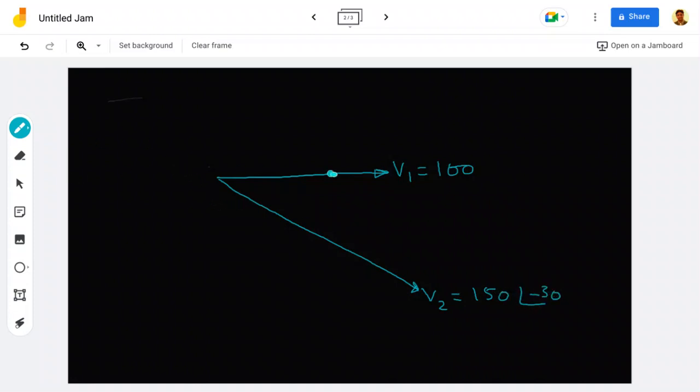And then the addition of these two, we got somewhere here. The total voltage V of 241 with an angle of minus 18 degrees.